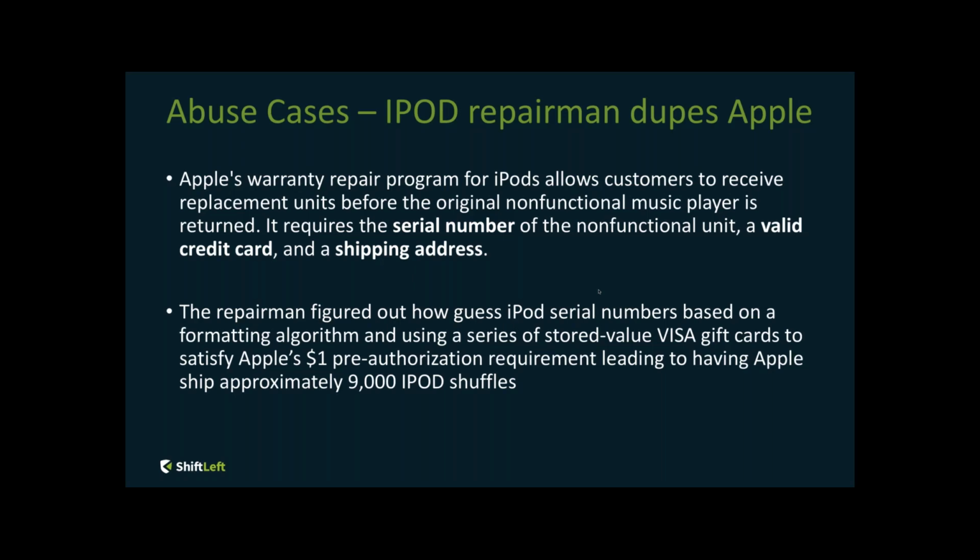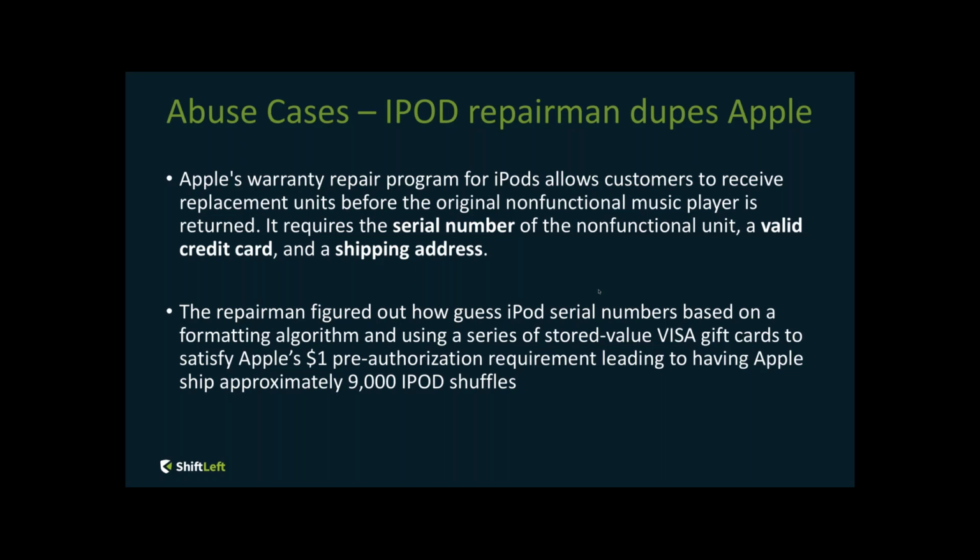But what someone who wanted to return their device had to do is punch in the serial number of that non-functional unit, a valid credit card, and a shipping address. Because with that serial number, it's acknowledged that they own that unit, and the credit card and the shipping address validated their existence, which would lead for Apple to ship this new device.